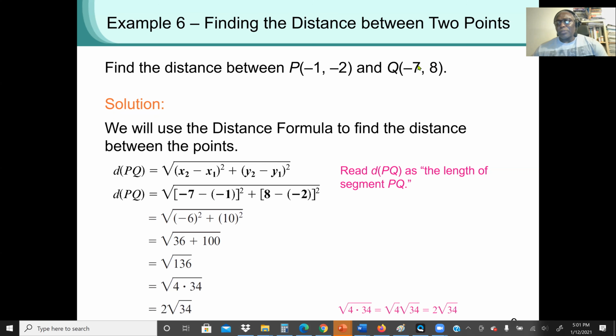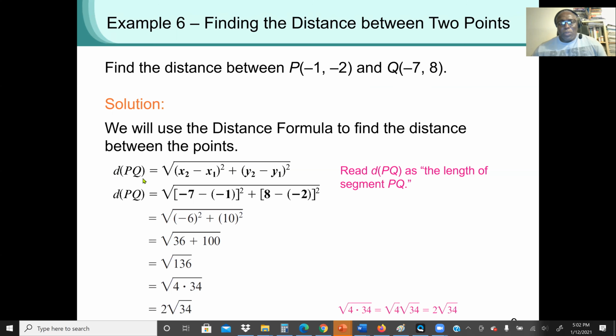So again, either we can say -7 minus -1 plus 8 minus -2, both of them squared. Or we can say -1 minus -7 squared plus -2 minus 8. This time 8 is positive, so -8 all squared. So that's the solution here.